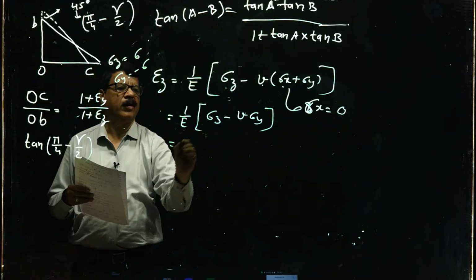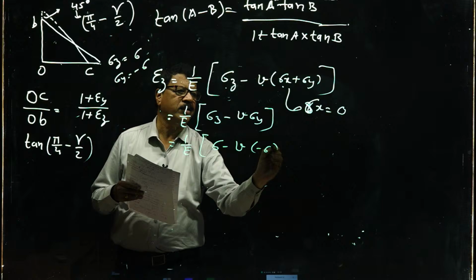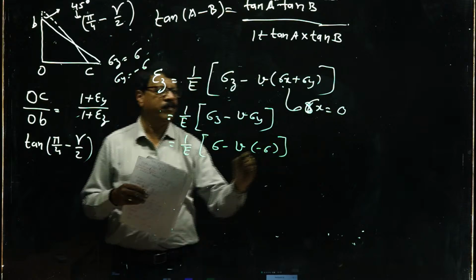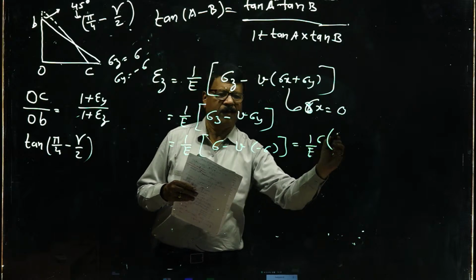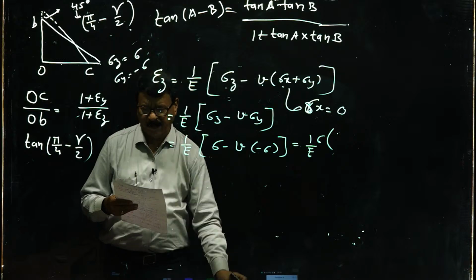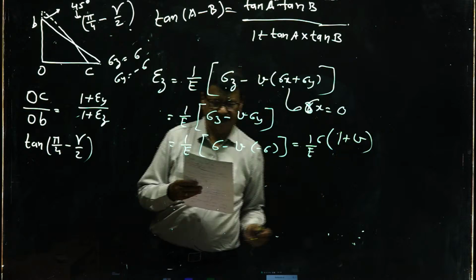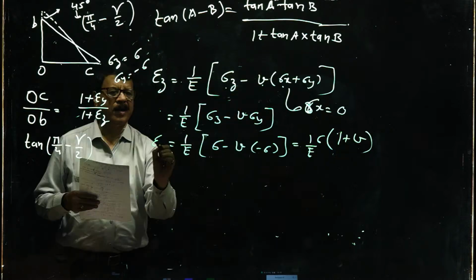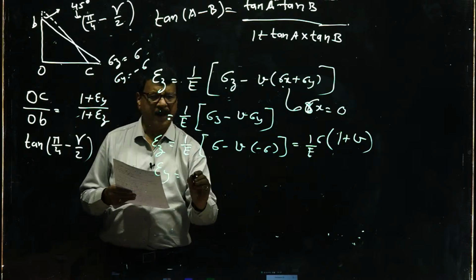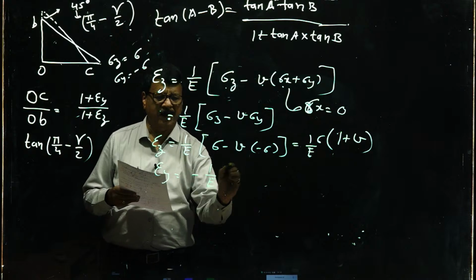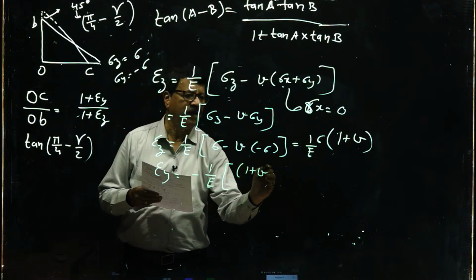Put the values: sigma minus v times minus sigma, it becomes 1 upon E, sigma common, 1 plus v. Similarly, for sigma y, it is minus 1 upon E, sigma, 1 plus v.